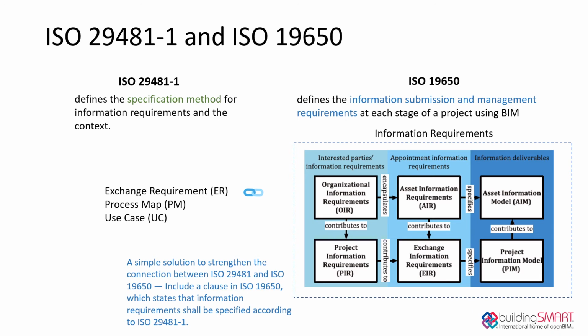Not all of these relations can be expressed through the IDM schema. Different strategies should be deployed for different standards. For example, in case of ISO 19650, the link between ISO 29481 Part 1 and ISO 19650 Parts 1 and 2 can be strengthened by simply adding a clause that says information requirements shall be specified according to ISO 29481 Part 1.